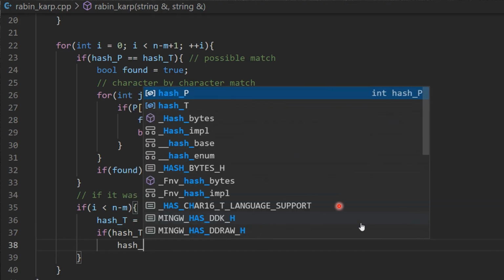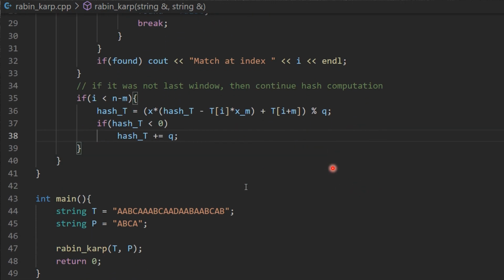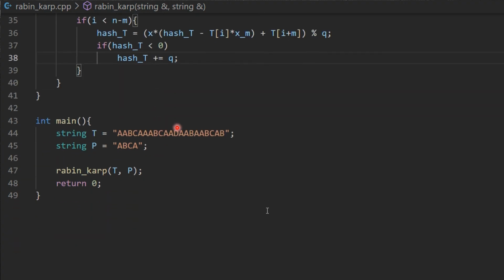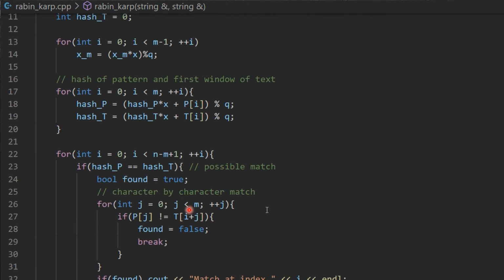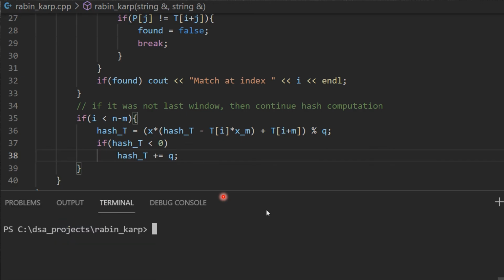So minus this, it can take a negative value, and modulo of a negative is negative. So if it's less than 0, just add q, because modulo q, it will not be less than minus q. So adding q should make it positive, and we are done.